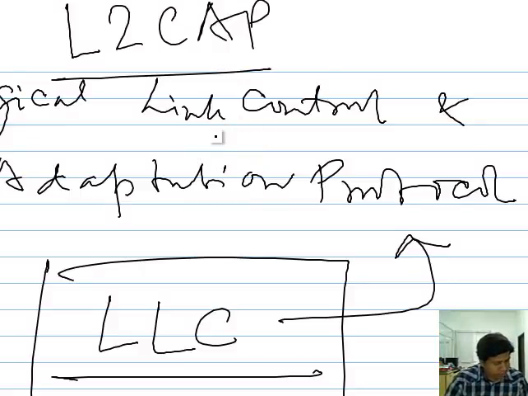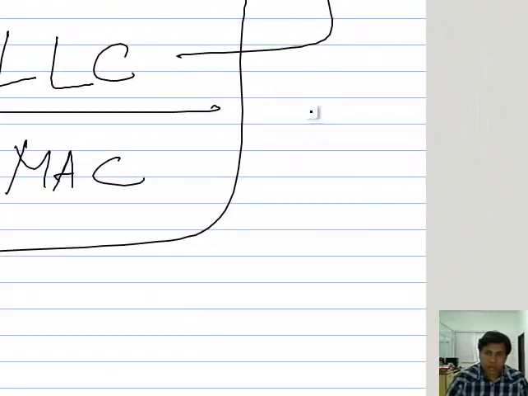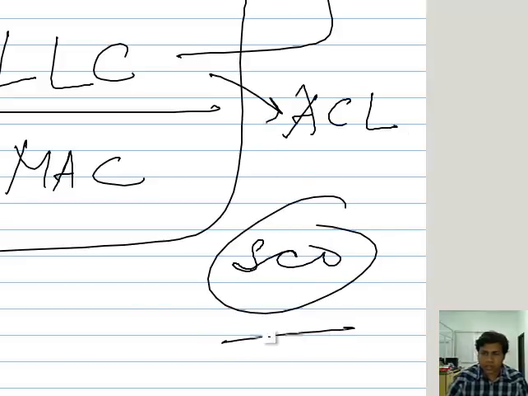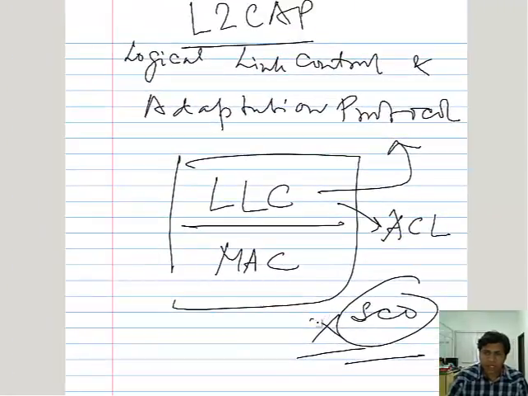It is used for data exchange normally on the ACL link, so ACL uses this LLC, whereas SCO doesn't use LLC. When we require synchronous communication, we do not require any support from LLC.